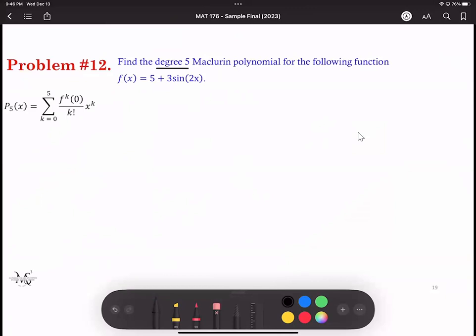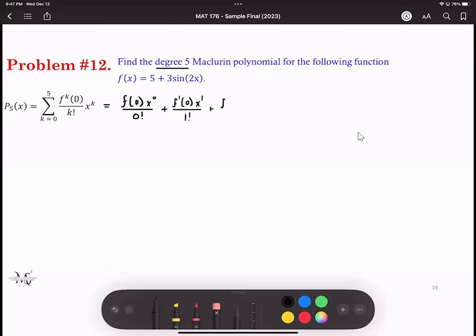And what I'm going to do is just expand this out for us. Because we want to write out a degree 5 polynomial, that means your Maclaurin polynomial involves 5 terms, right? So the first term is just the function value f of 0 divided by 0 factorial, plus f prime of 0 times x to the first over 1 factorial.